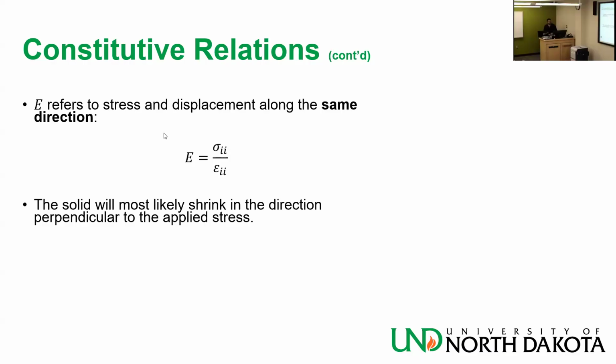The solid will most likely shrink in the direction perpendicular to the applied stress. Now, this is going back to the previous problem of extension. It was height H, I applied stress or force Fz over the cross-sectional area A, and then I got extension delta Z. Yes, the material becomes longer, but at the same time, it would become slimmer, right? Most likely, if it becomes longer like this, it's going to become slimmer.